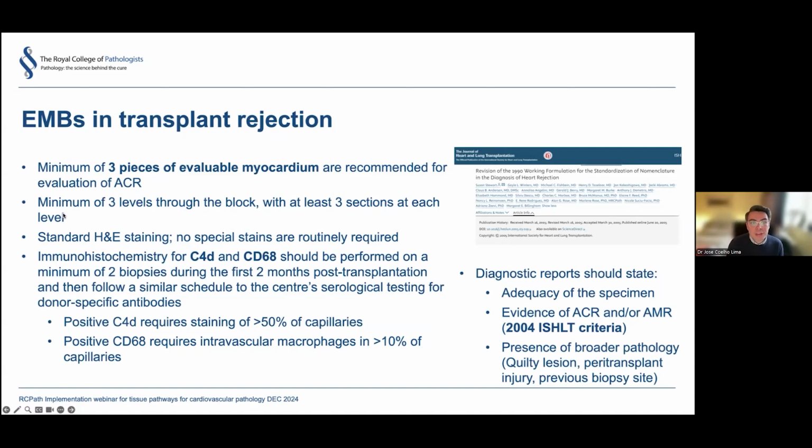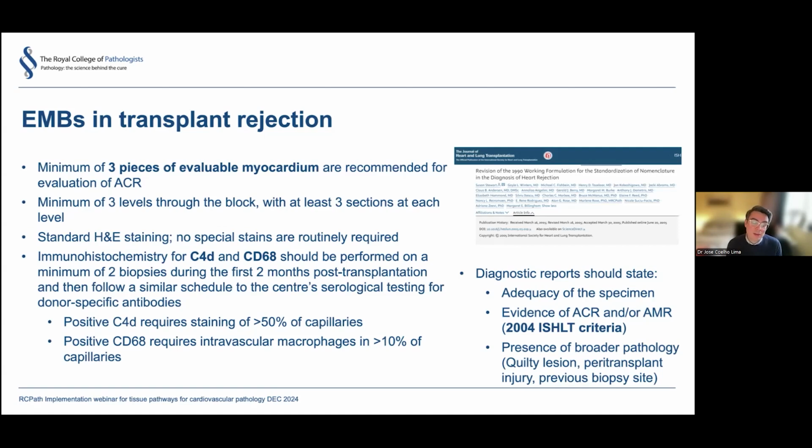A minimum of 3 levels through the block with at least 3 sections at each level is the recommendation. The standard of practice is that these pieces should be stained with H&E. There is no need for routine specialist stains.